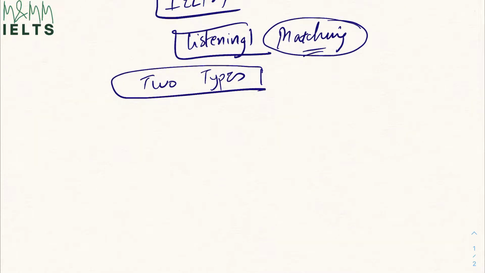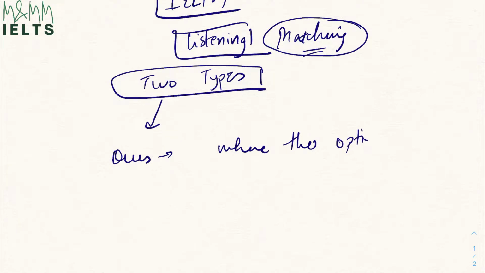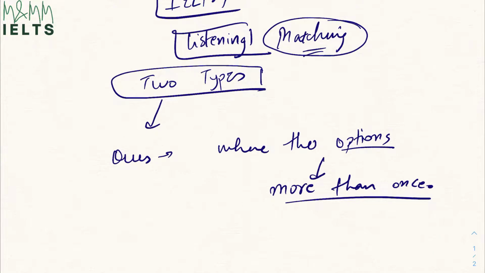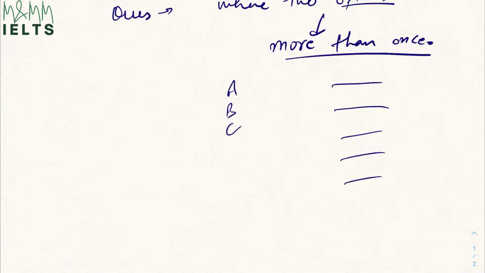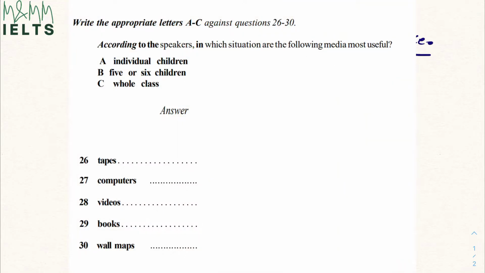The first type is where the options can be used more than once, which simply means that there would be fewer options and more blanks. Let's say there are 3 different options and 7 different blanks, and you have to use these 3 options again and again until you fill out all the correct answers.